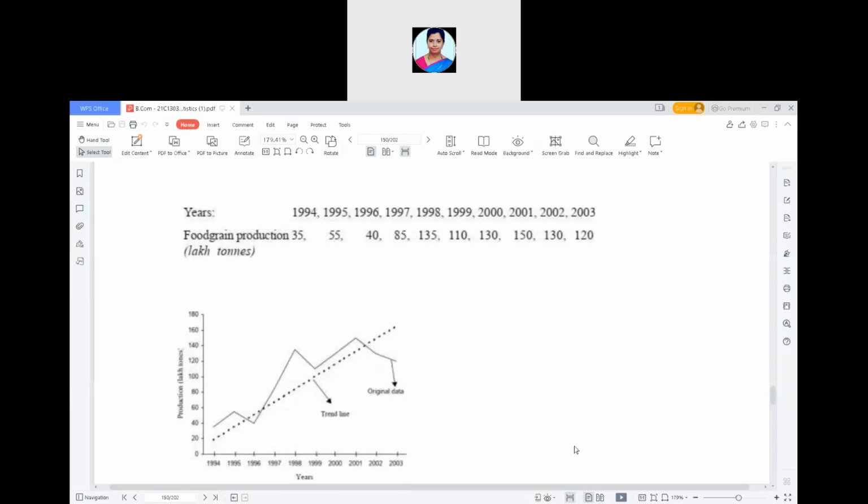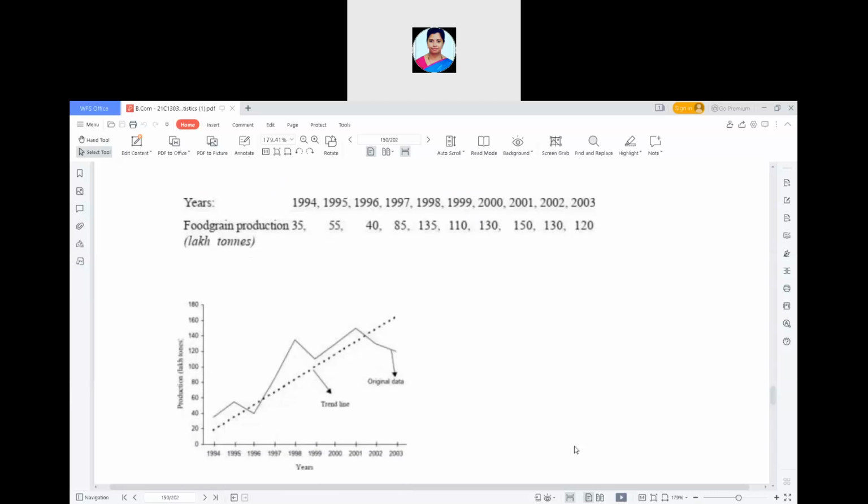Here we have taken the years on the x-axis and food grain production on the y-axis. The years 1994 to 2003 we have marked on the x-axis, and according to the data, on the y-axis we have taken 0, 20, 40, likewise in units of 20.